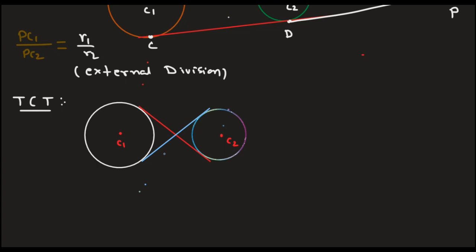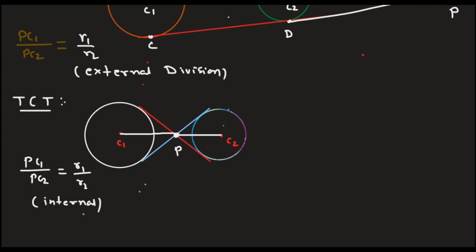So here we notice that there are two transverse common tangents and they intersect at this point. Call this point P. Now if you join C1 with P and P with C2, what you observe is that PC1 divided by PC2 is nothing but R1 is to R2, but here the division is an internal division.